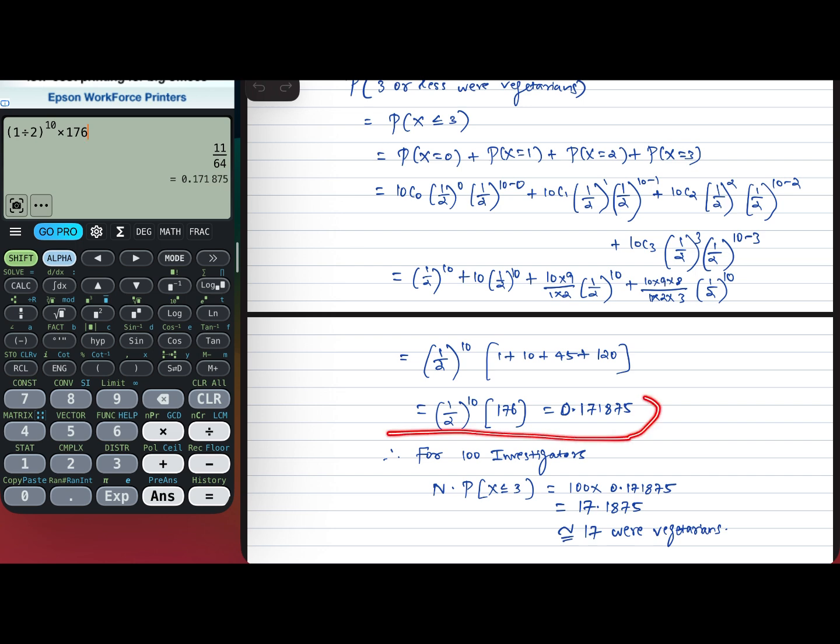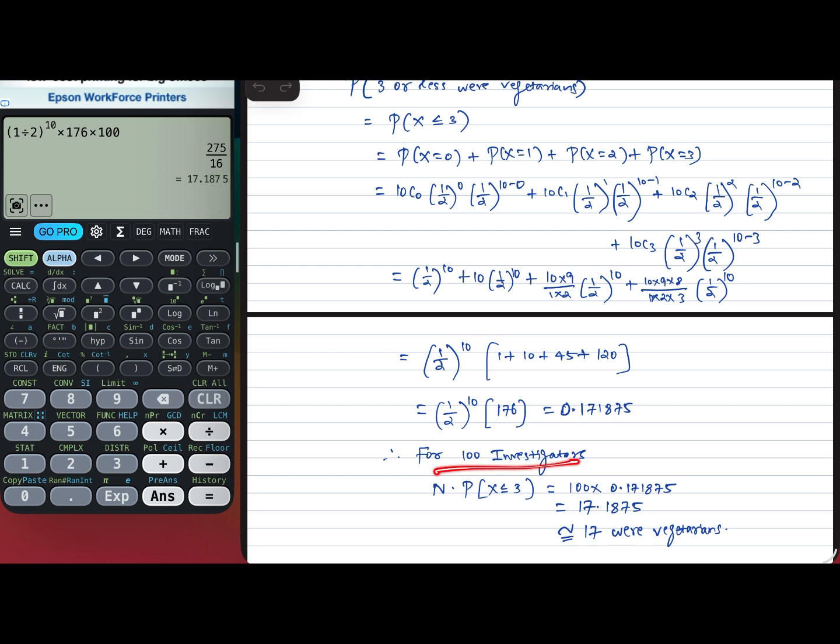For the 100 investigators, since we took 10 people to be tested, the probability that 3 or less were vegetarians is multiplied by 100, which gives approximately 17.18. So this many percent out of 10 will have 3 or fewer vegetarians.